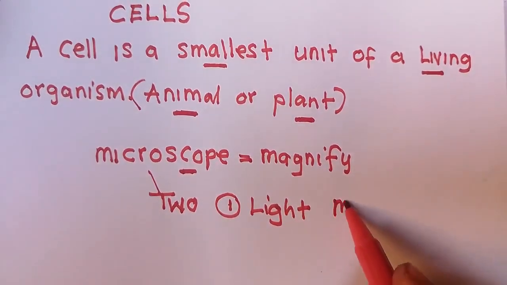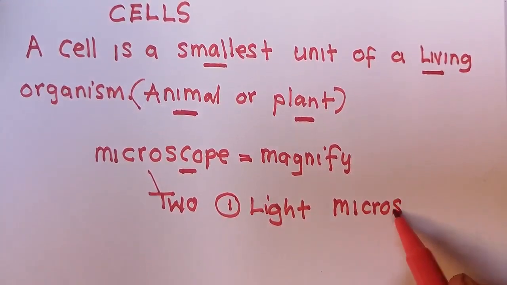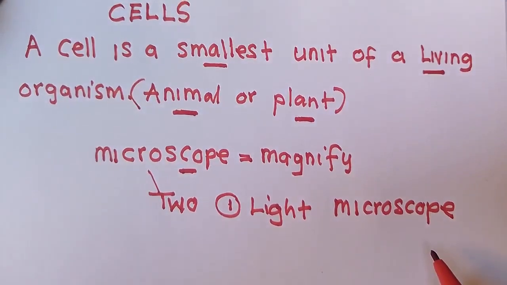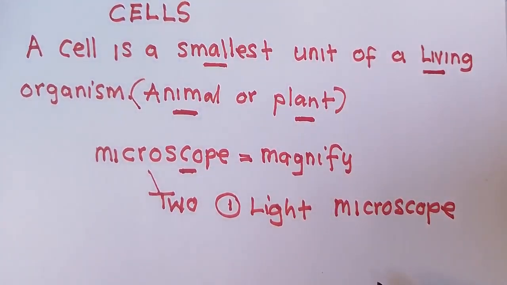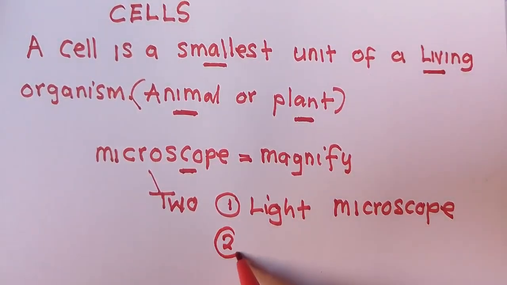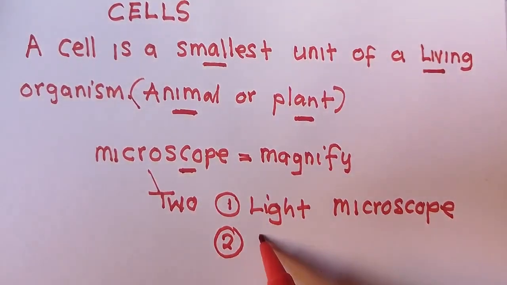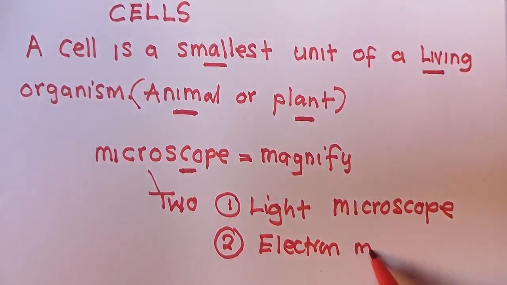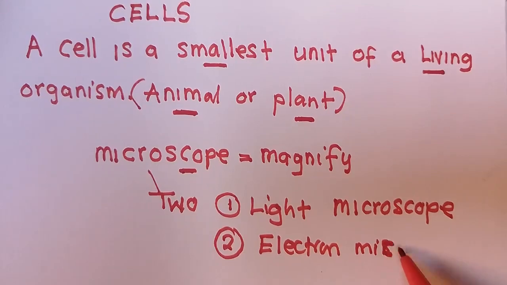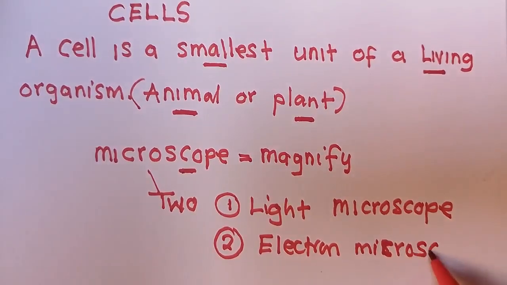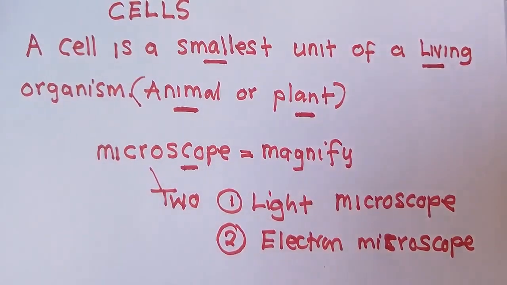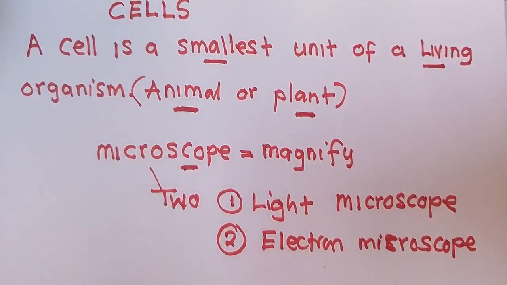So these are groups of microscopes that are used to view cells. We've got a light microscope. The second one is an electron microscope. So these are the two types of microscopes that we have.